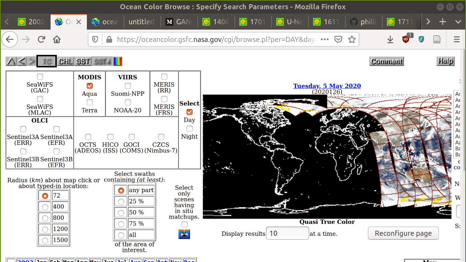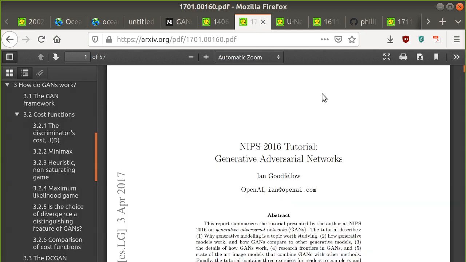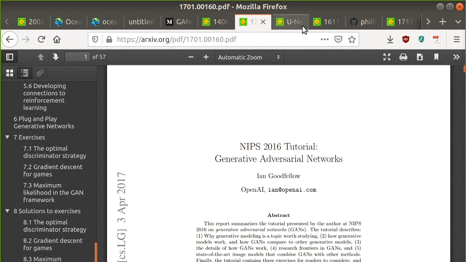But you can use GANs to do super resolution. So you take an image of one resolution and you output an image of a higher resolution. They have been used to do this. I believe it may be cited in the Ian Goodfellow tutorial. I'm not sure. There are actually a lot of papers on SR GANs.